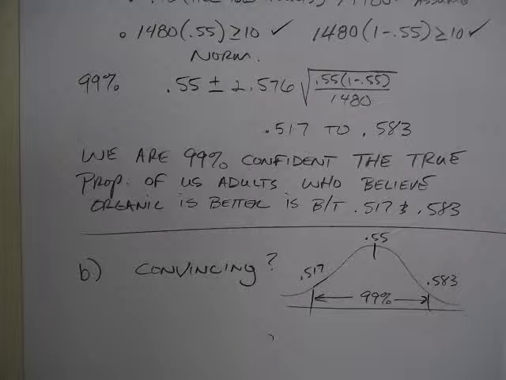Because where would 50% fall? Or 50% plus 1. Would that be way out over here somewhere? So our majority is just one more than 50%.